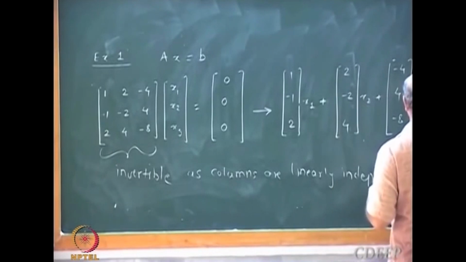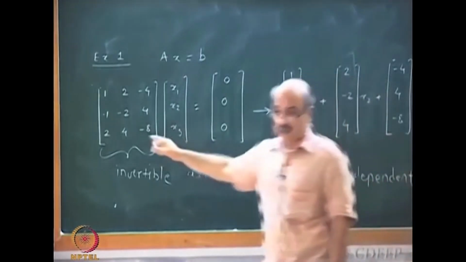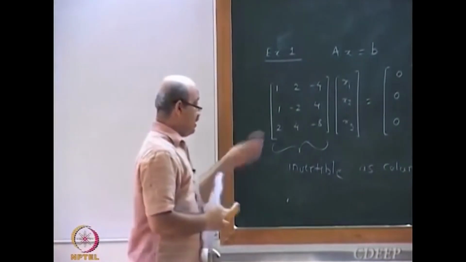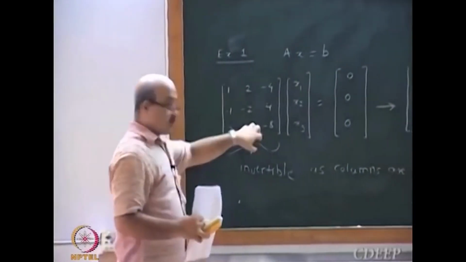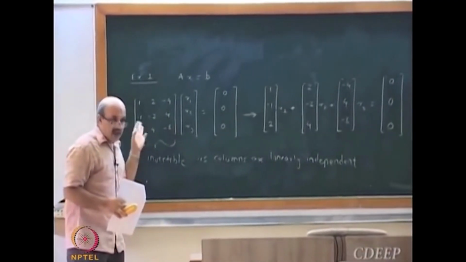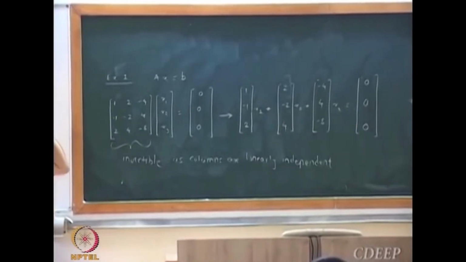This becomes (0, 0, 0). Is this matrix invertible, first of all? No. Why? The columns are linearly dependent. I just multiply this column by a factor, I'll get this. I just multiply this column by another factor, I'll get this column. Is this problem solvable?